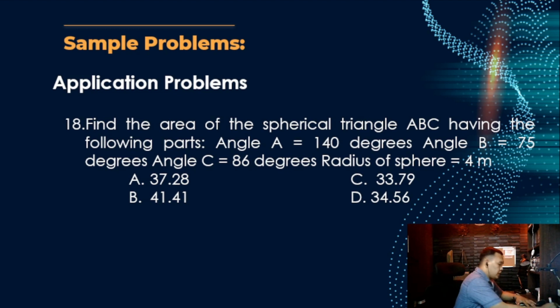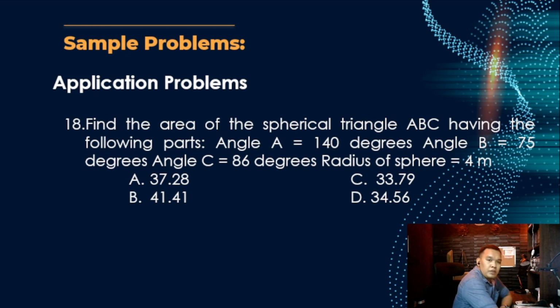Area is equivalent to pi r squared E all over 180 degrees. Okay? And we all know that E is equivalent to A plus B plus C minus 180 degrees.